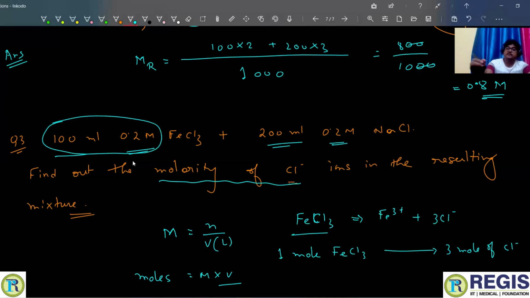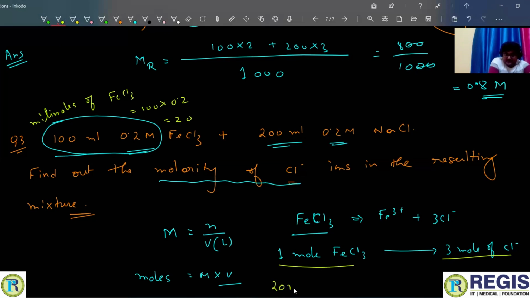What will be the millimoles of FeCl3? 100 into 0.2, that means 20. So 1 mole FeCl3 gives 3 moles of Cl minus, so 20 millimoles of FeCl3 gives 3 into 20, 60 millimoles of Cl minus.